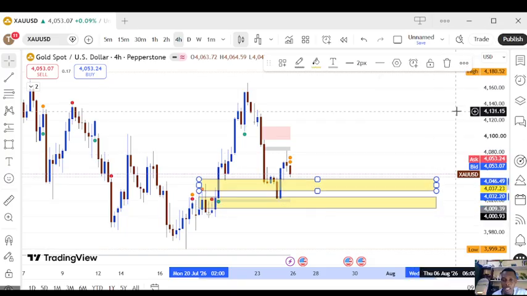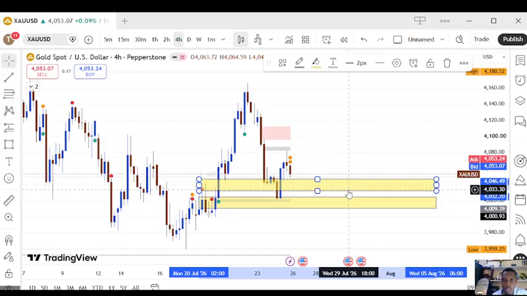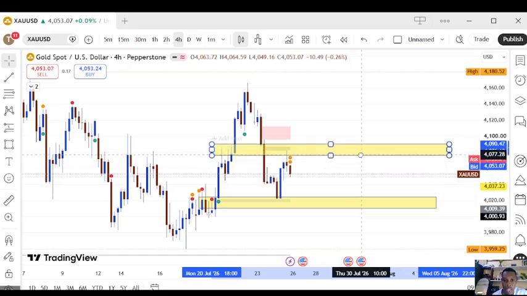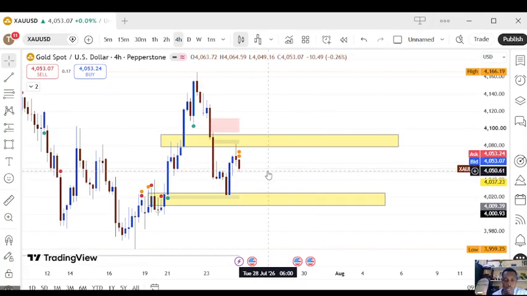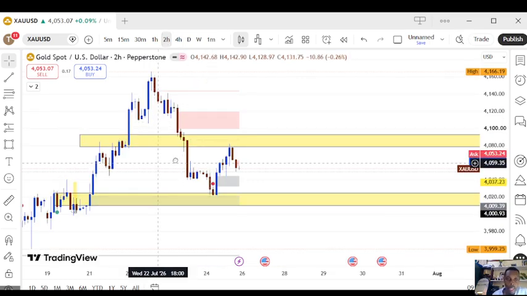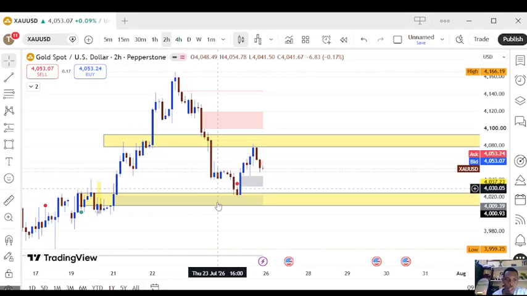When the price manages to come into these zones, that's when we can look. Then we go to 2 hour, and we can see the same thing. So we can only trade here because now we are in between.